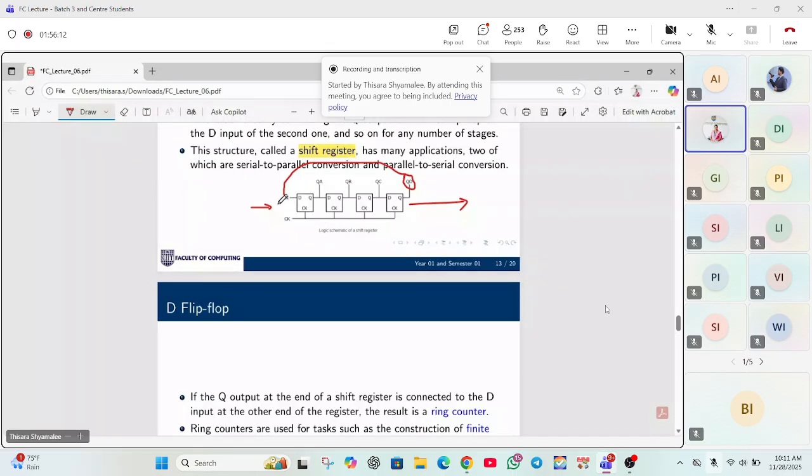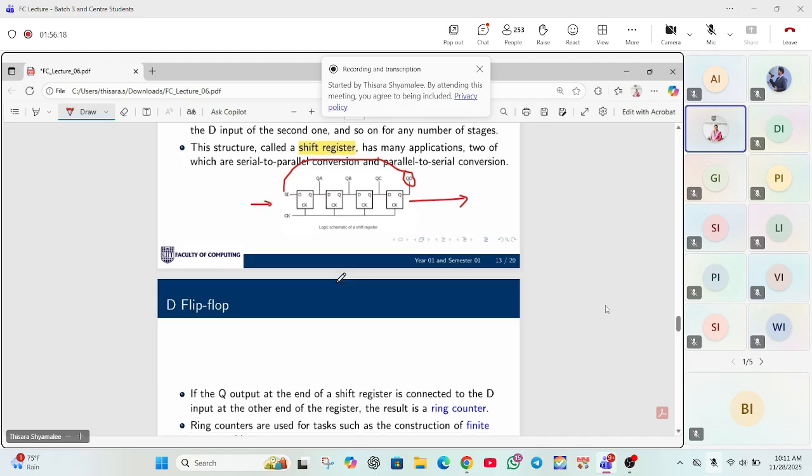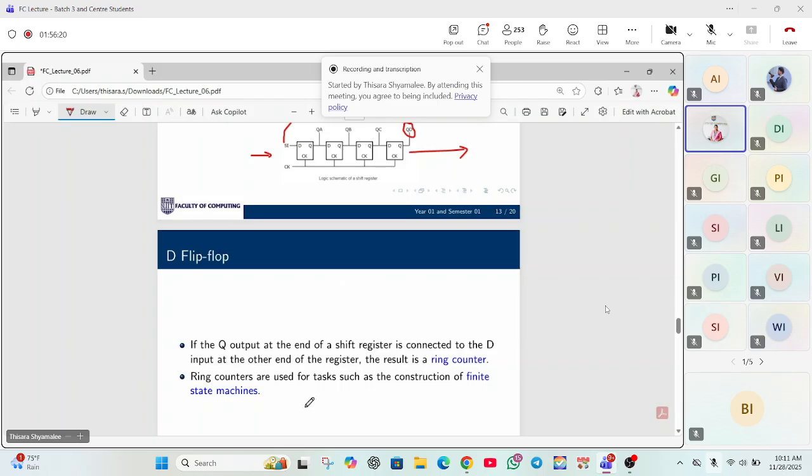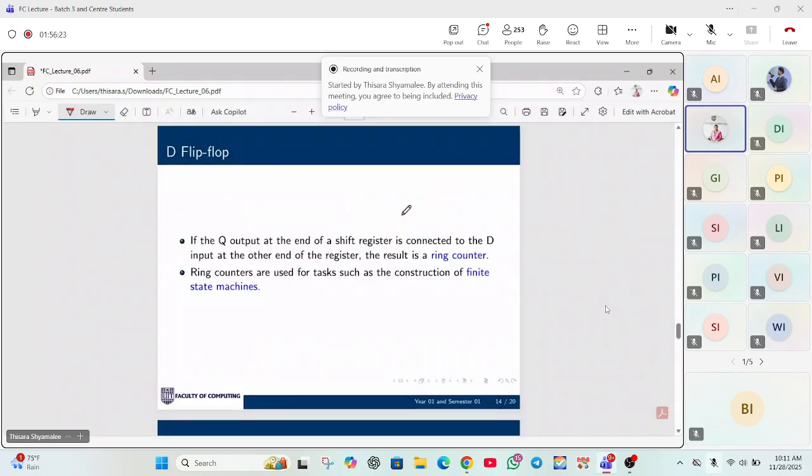This circle we call the ring counter. Ring counters are used for tasks such as construction of a finite state machine.